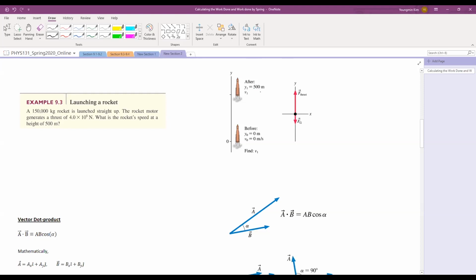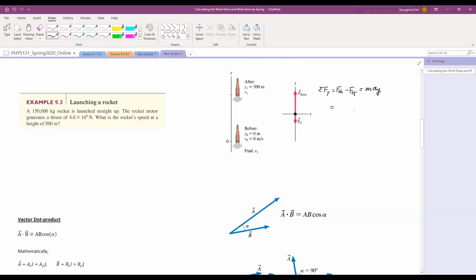So take a look at this free body diagram here, and from this, I can immediately write the sum of forces in y, and that is the force of thrust minus force of gravity, and that is pulling this rocket upward. And by using this route, you can solve this problem actually not involving work and energy at all. Here you know the force of the thrust, and this is mg.